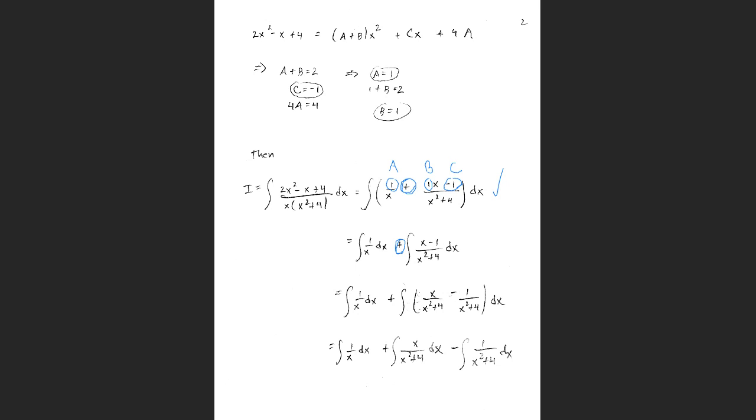In the partial fraction expansion, we set -1x equal to cx. And so that's how c was equal to -1. Okay? Sandia? Okay, very good, very good.